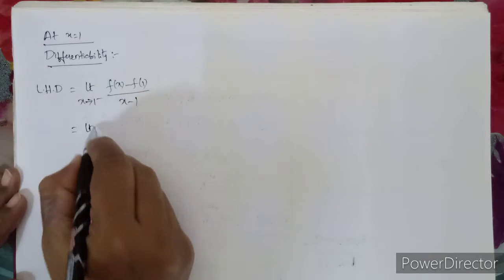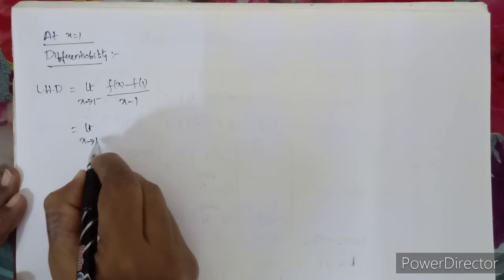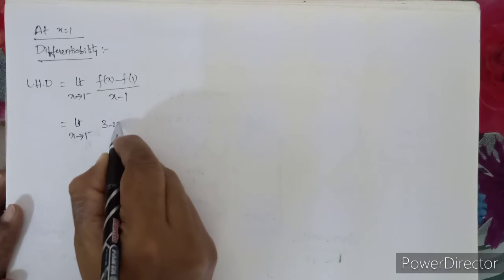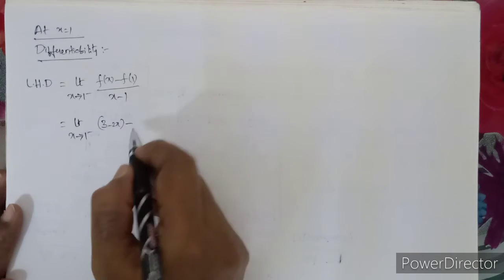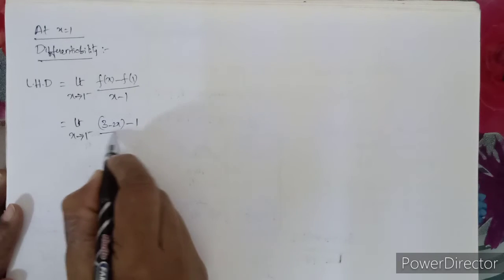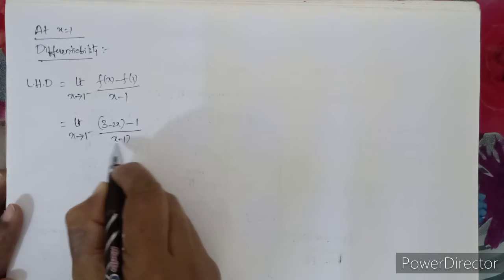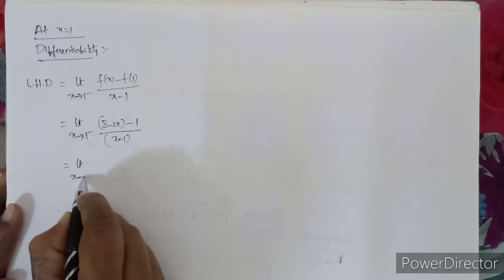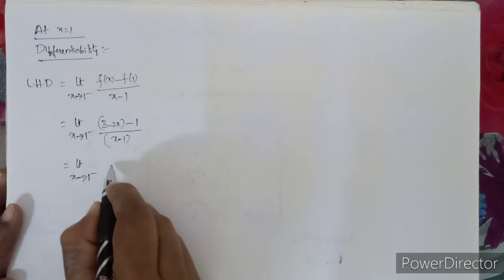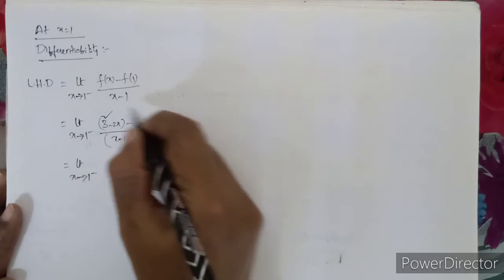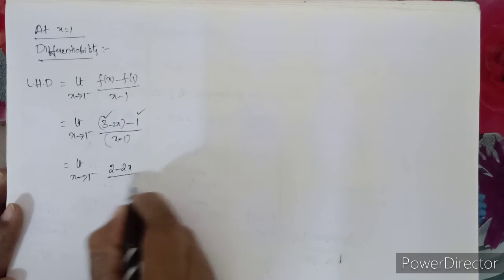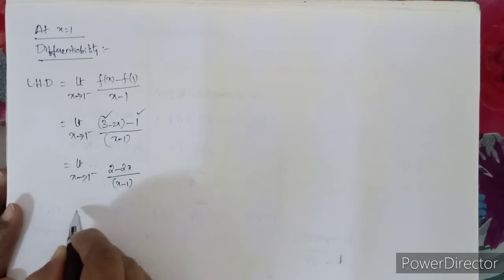Here f of x is 3 minus 2x, minus f of 1 is 1 itself, by x minus 1. 3 minus 1 gives 2 minus 2x by x minus 1.